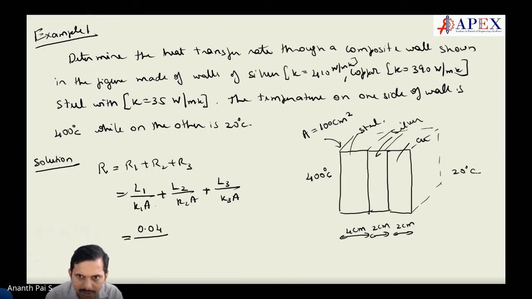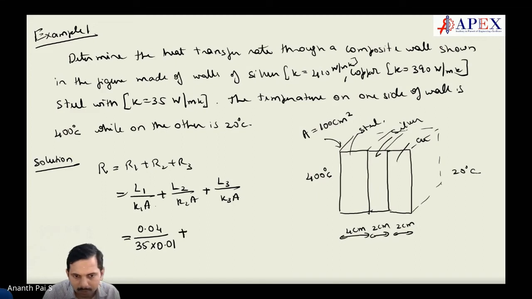K1 is steel, so 35 into area. For 100 centimeter square, you convert it into meter square. How do you do that? It is 0.01, 10 power minus 4.